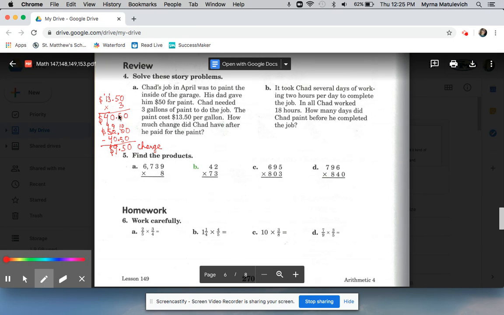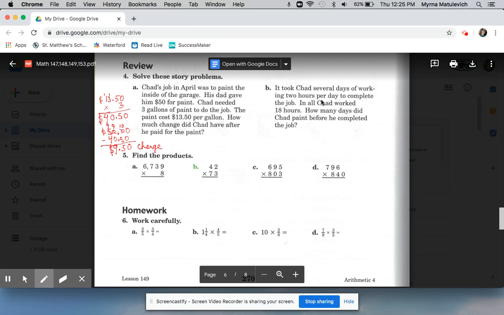Okay, so Chad had to pay $40.50 for the paint because he had to buy 3 gallons at $13.50 a gallon. $13.50 times 3 is $40.50, but he had $50, so $50 minus $40.50 left him with $9.50 change.